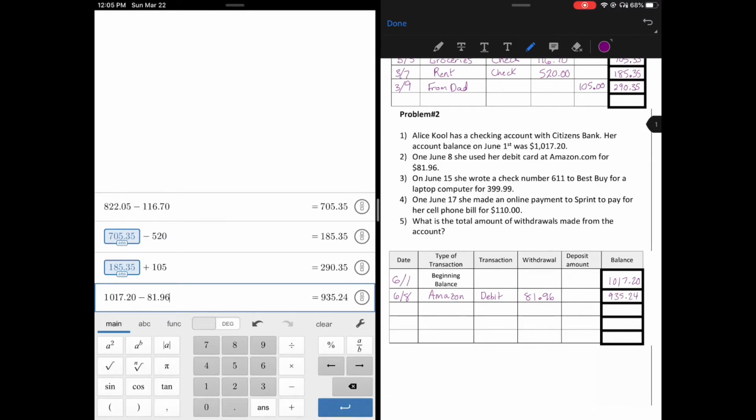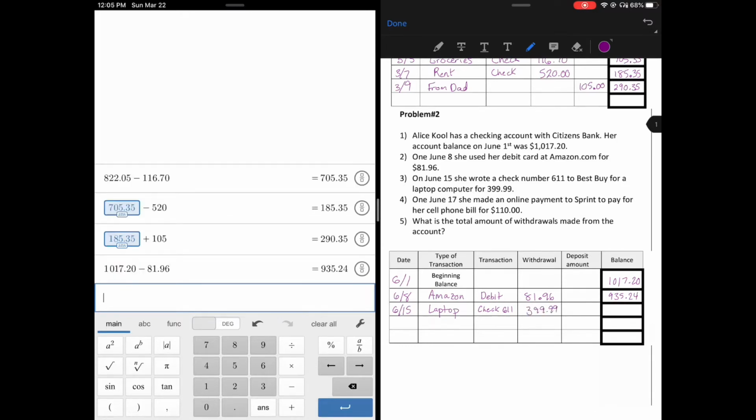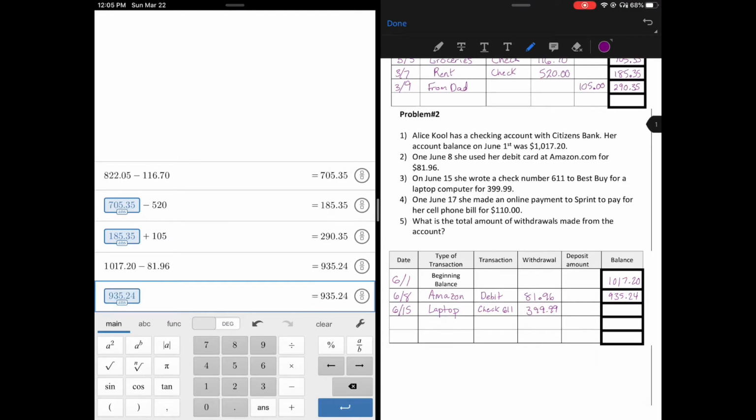$935.24. On June 15th, so 6/15, she wrote a check number 611 to Best Buy for a laptop computer for $399.99. So she's losing that money, it's a withdrawal, so we subtract it from our previous balance. And we get a new amount of $535.25.